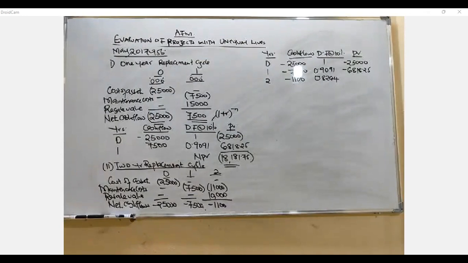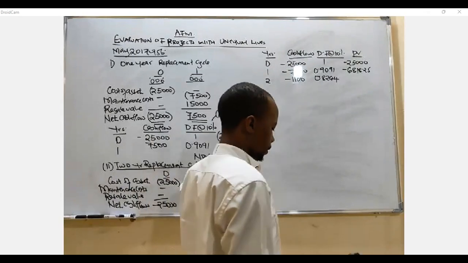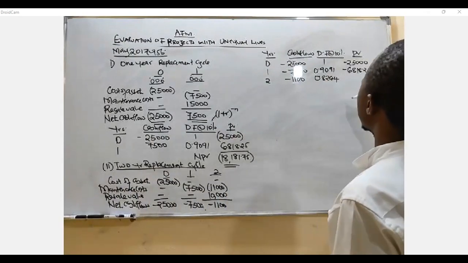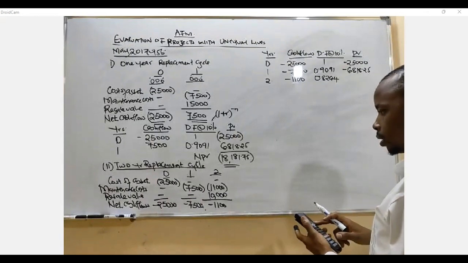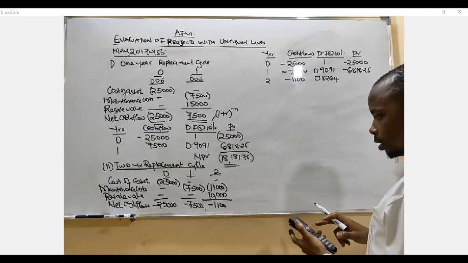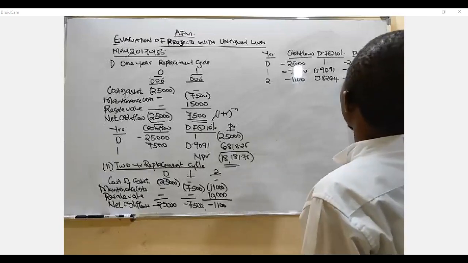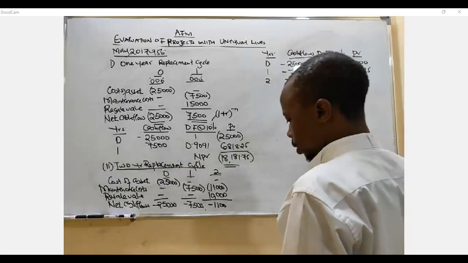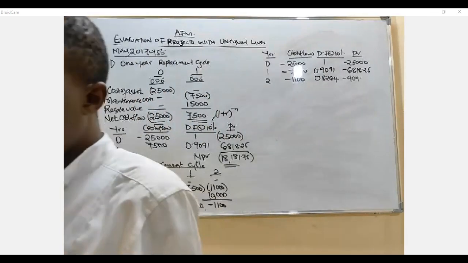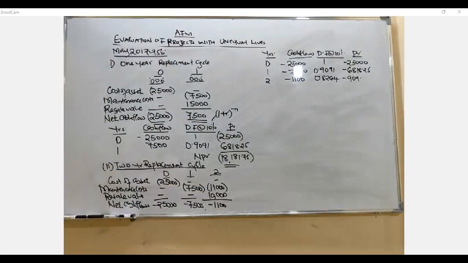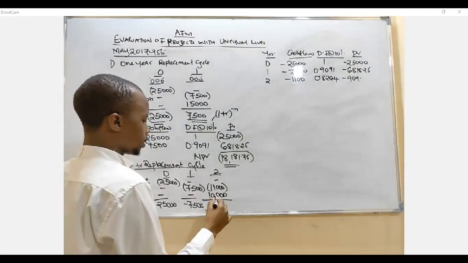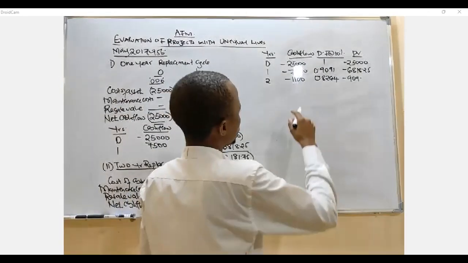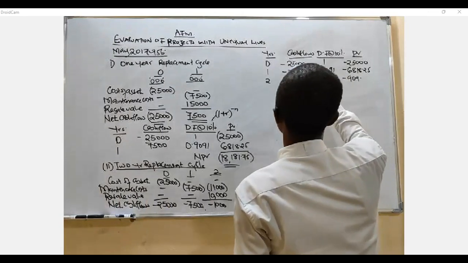Nani amedanganya mwingine? Unaambiwa ngapi? 909. Yeah, it's 909. Negative 909. Point what? Yes, 1. Point 1. Hapa ni uongo kabisa. Hapo ni uongo kabisa. 11,000 minus 10 should be 1,000.